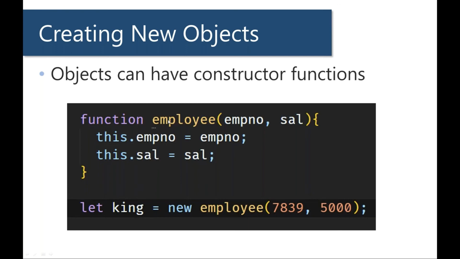But that being said, I can feed my employee function an employee number and a salary, and this will map employee number and salary to this object. A very easy way for me to make king and also the usurper is just to call new employee. Again, this should be a capital E because these are meant to be treated very similar to a class.